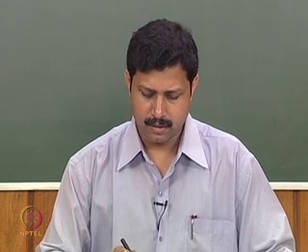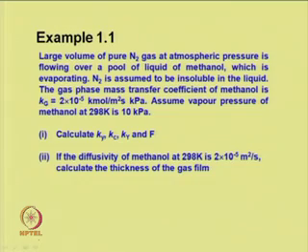So, let us consider an example to calculate the mass transfer coefficients in the gas phase and also the film thickness, or the gas film thickness. Consider a large volume of pure nitrogen gas at atmospheric pressure flowing over a pool of liquid methanol, which is evaporating, and nitrogen is assumed to be insoluble in the liquid.